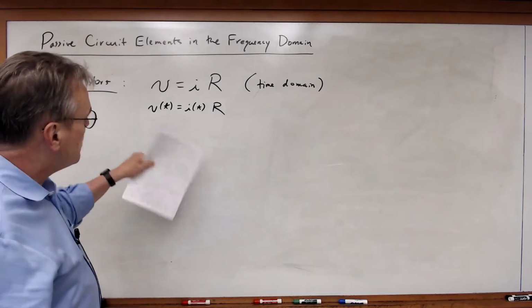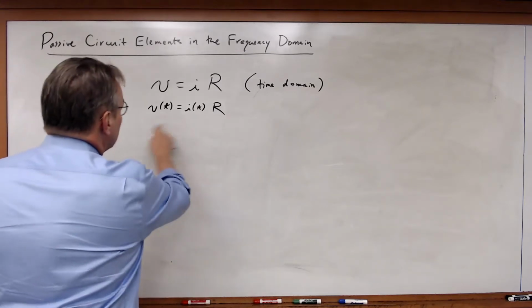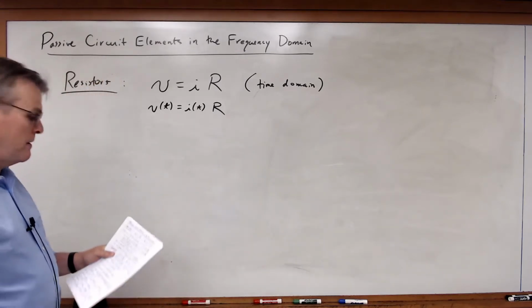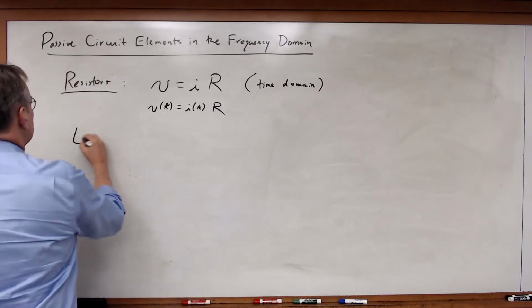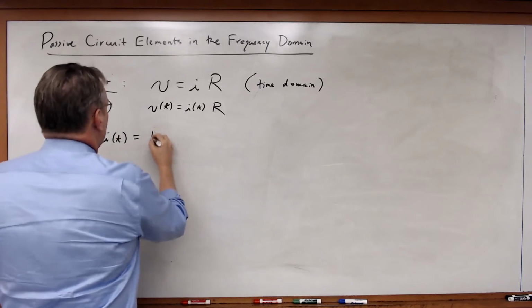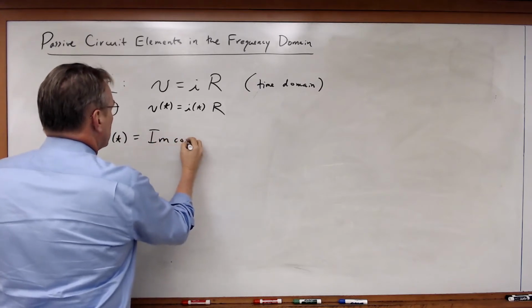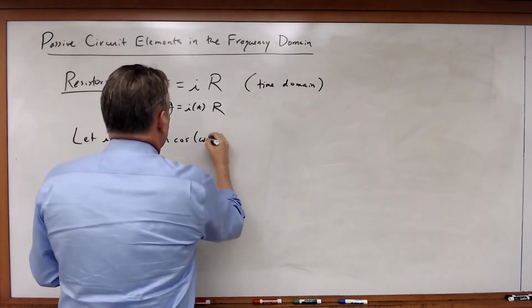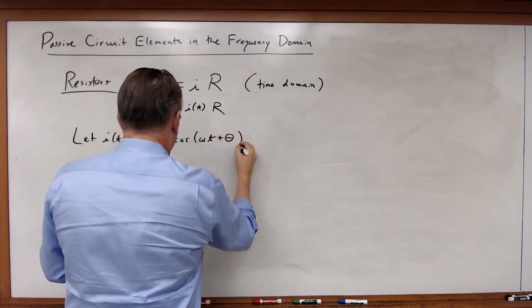So let's put in some time domain equations. Let's let I of t be equal to Im times cosine omega t plus theta.